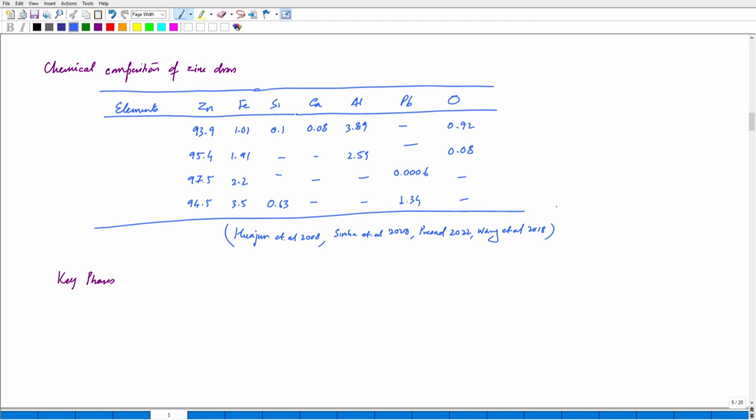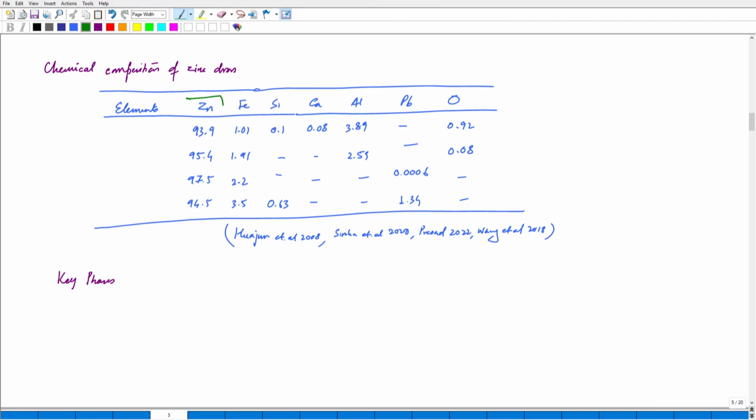So now we see the chemical composition of these wastes, and we see that some of the references have been clubbed to make this table. We see that the most important finding that we should be focusing on is the generation of the zinc dross and how much important it is to recycle.